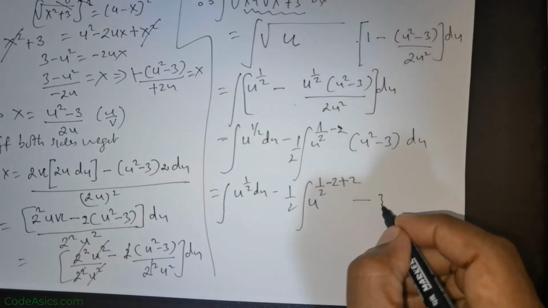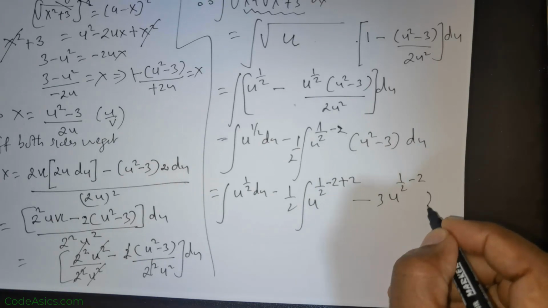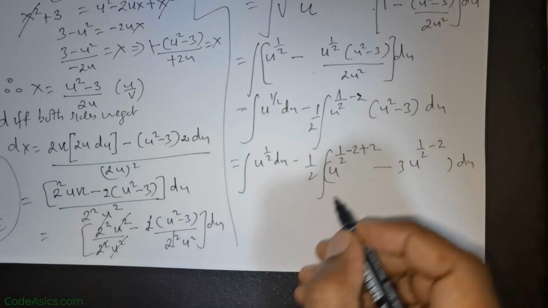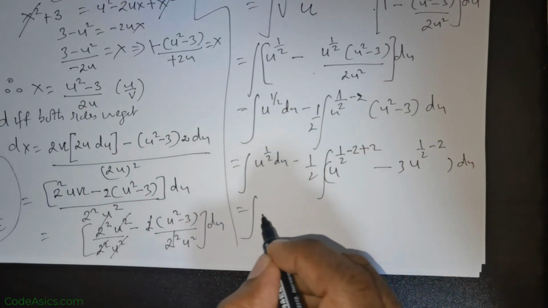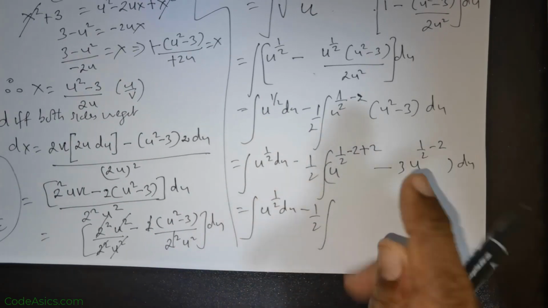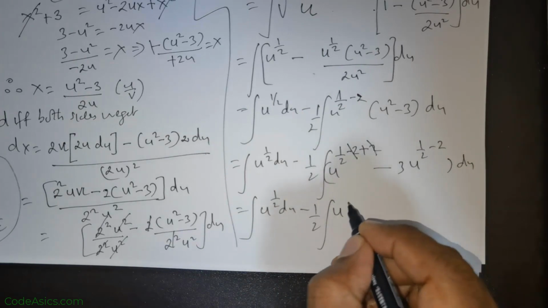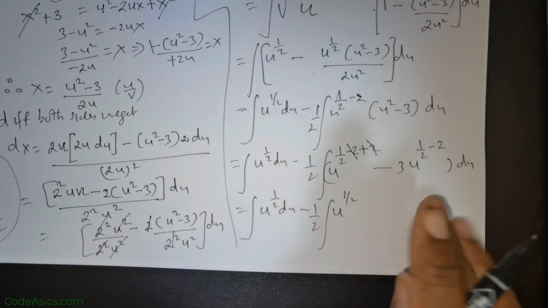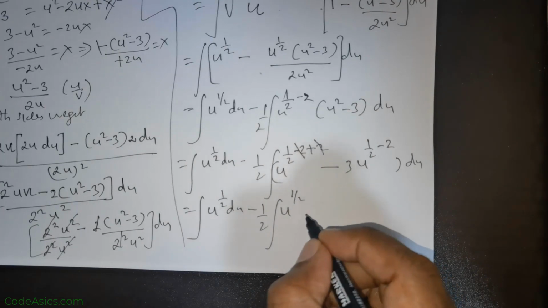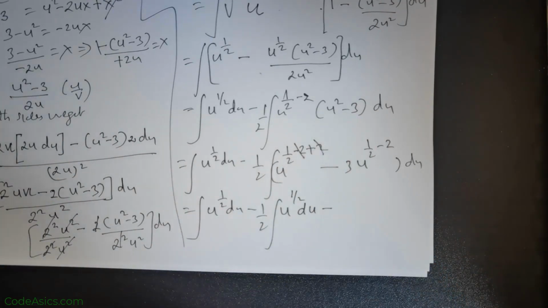Distribute this, it is going to be 3 times u raised to the power of 1 over 2 minus 2 times du. Now this can be further rewritten as u raised to the power of 1 over 2 times du minus 1 over 2. Now the minus 2 plus 2 goes off, giving you u raised to the power of 1 over 2, of course with du there.